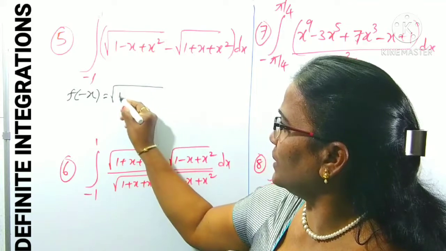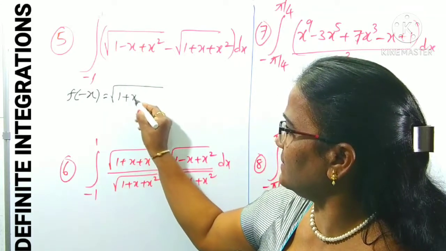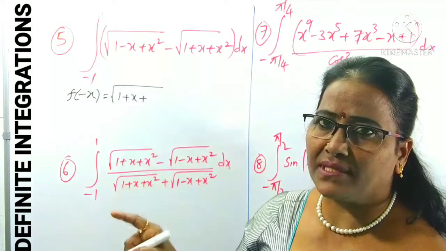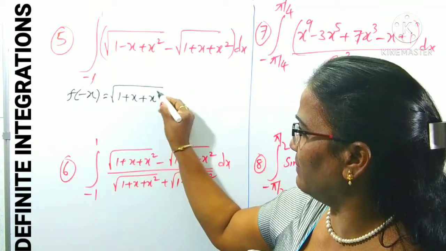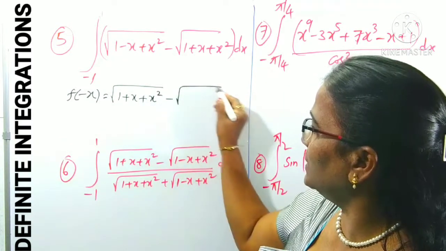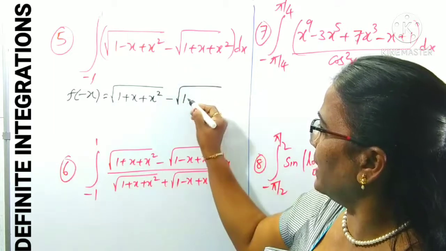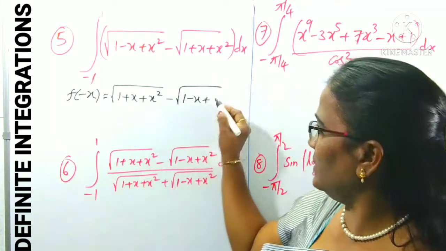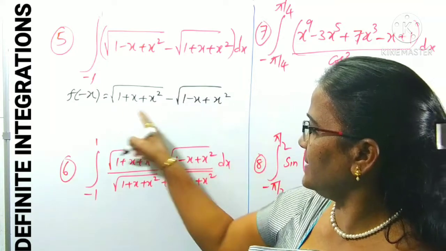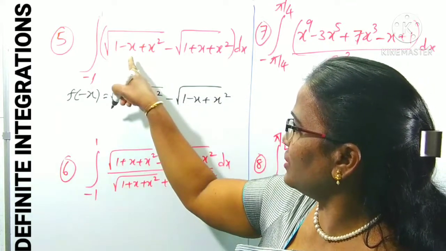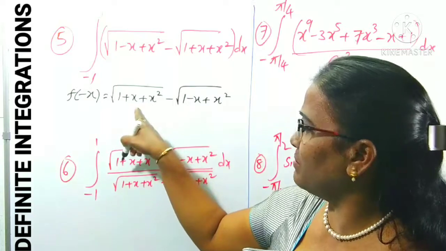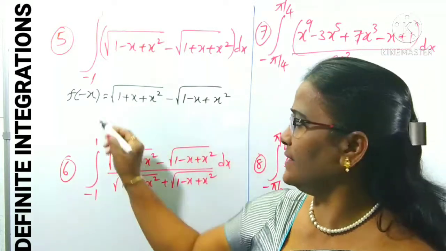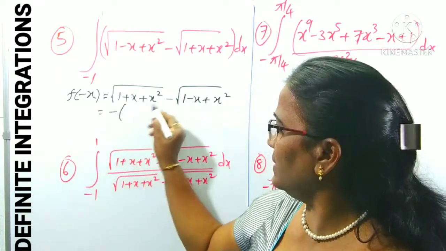Root over 1 minus minus x plus minus x whole square, which is x square only because of the even power. Under the root, 1 with -x plus x square. It is in the form of a minus b, but it is in the form of b minus a, so we can take the minus common here.